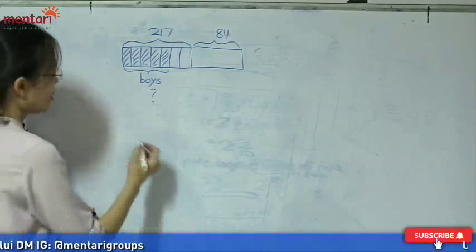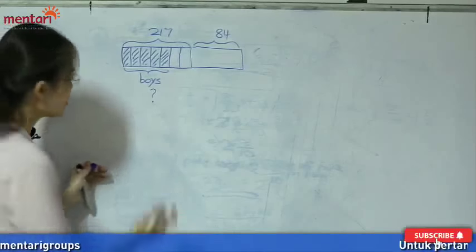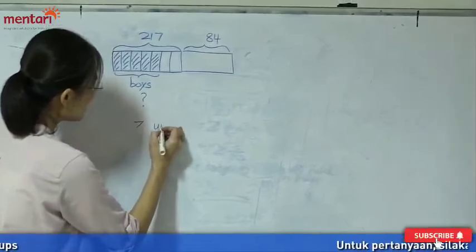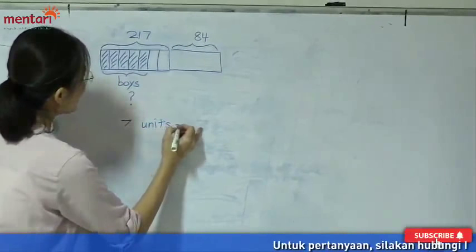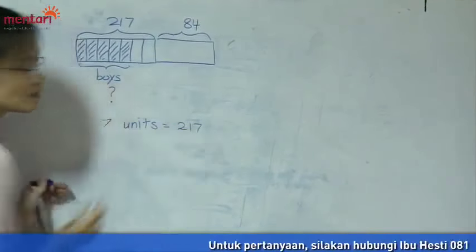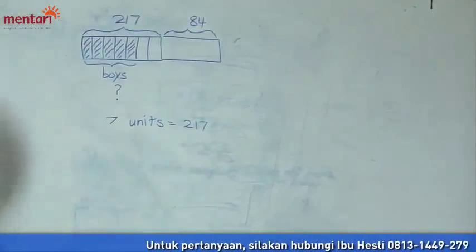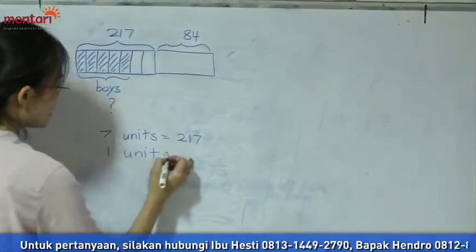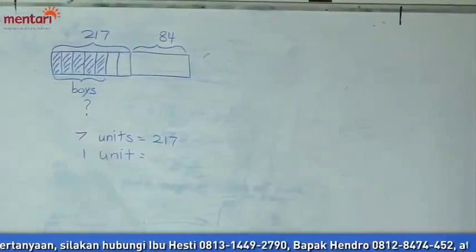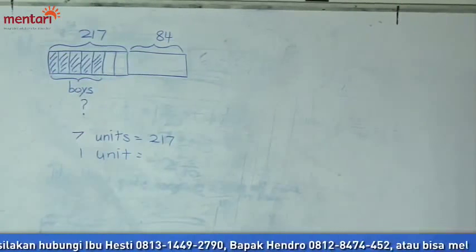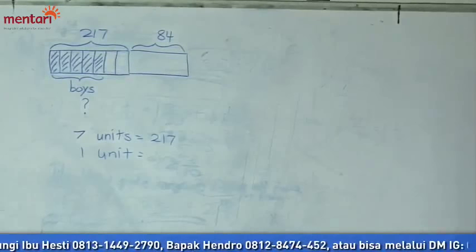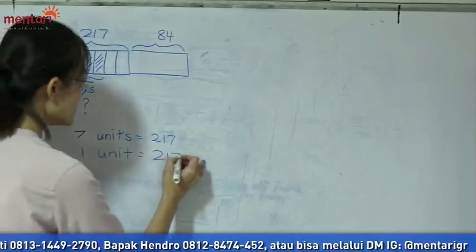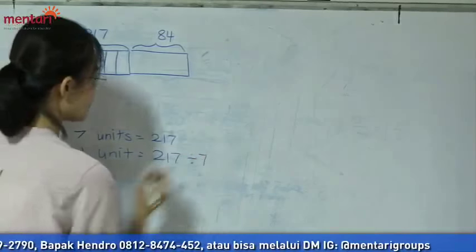So we can use the unitary method here. We can say that 7 units or 7 parts make 217. And then we can find 1 unit. If we know 7 units is 217, do you know how many is 1 unit? We divide 217 by 7.